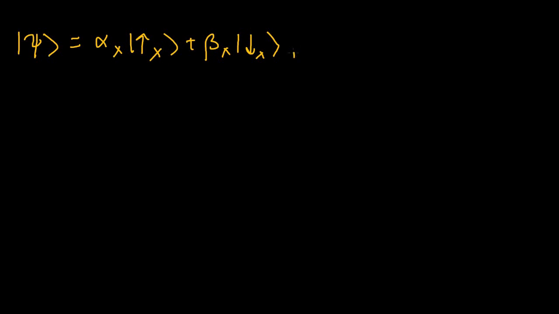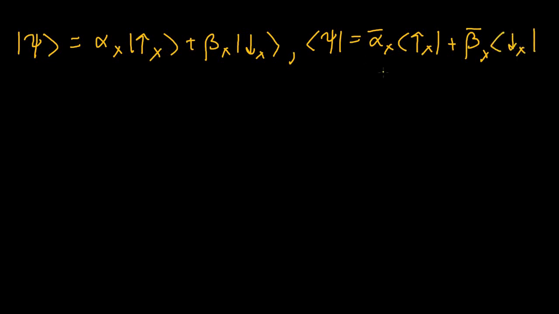Just while I'm writing this, let me mention that the dual vector of psi is equal to alpha sub x bar times the dual vector of the up state in the x direction plus beta sub x bar times the dual vector of the down state in the x direction. And the reason that these two are complex conjugated is because you have to complex conjugate all the components when you take the dual of a vector. But okay, we'll come back to that in a second.